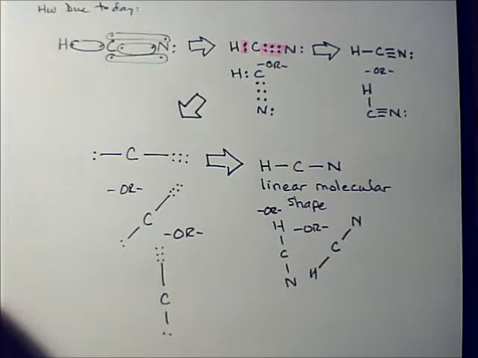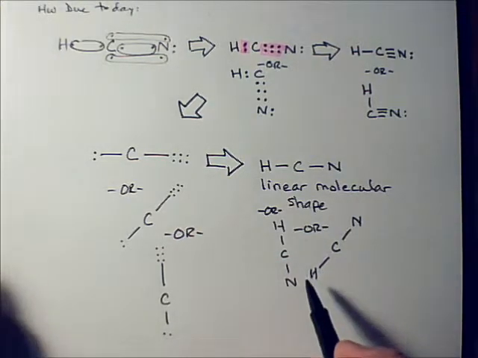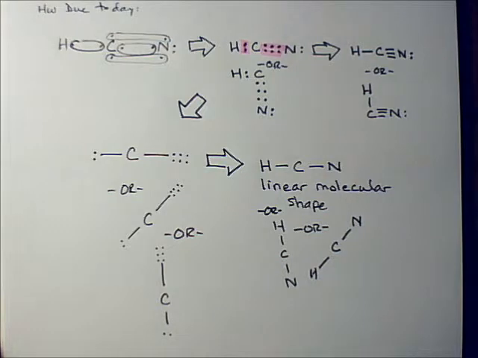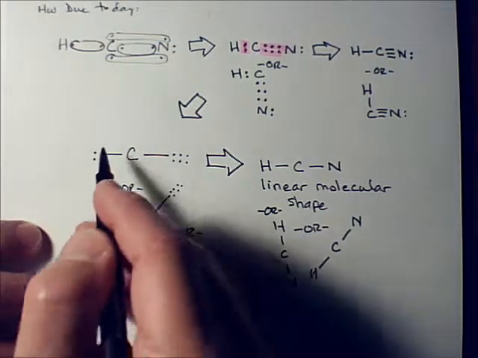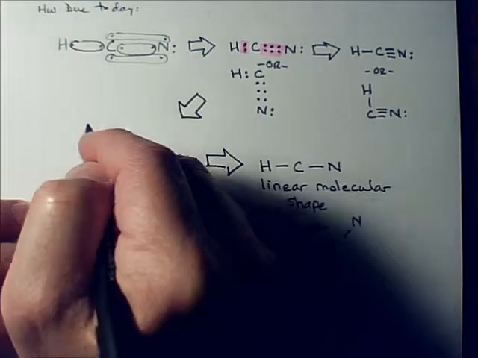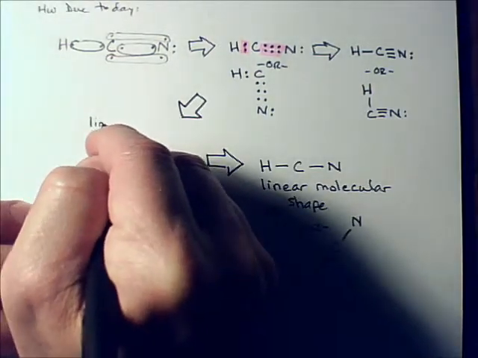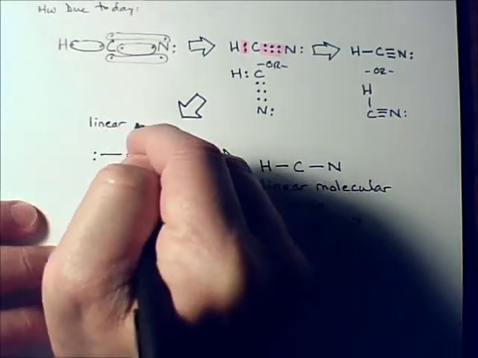Now we have to initially take into account the lone pairs because they affect the shape. But when we reach the final molecular shape, there won't be any lone pairs on there. All right. So this is also a linear shape. This is called the linear electron pair shape.